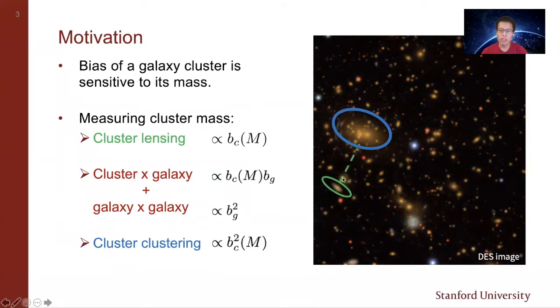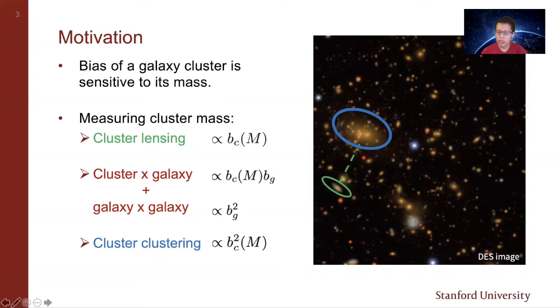The idea is that the shape of the background galaxies will be distorted by the gravitational potential of the galaxy clusters. So by measuring the amount of distortion, you can measure the mass of the galaxy clusters. On large scales, this two-point correlation function is proportional to the bias of the galaxy clusters.